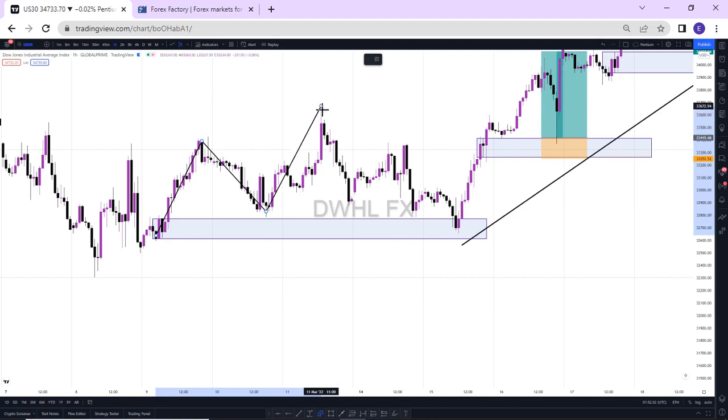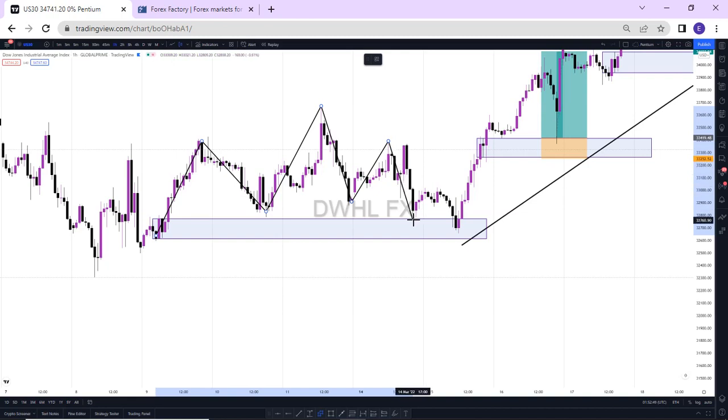What are we waiting for? A higher low to be created. And what do we expect? We expect price to create a higher high. But unfortunately, when price got to this place, we saw price creating a lower low.